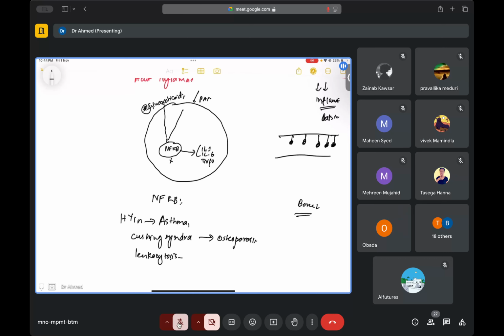What do glucocorticoids do? They inhibit these adhesion molecules. So all of these neutrophils are going to enter your blood. As a result, the level of WBCs or neutrophils rises, which is known as leukocytosis. Simple.